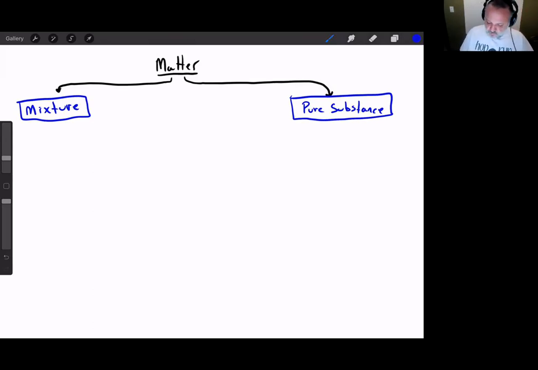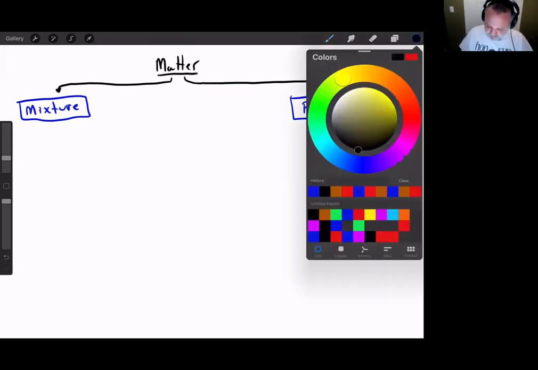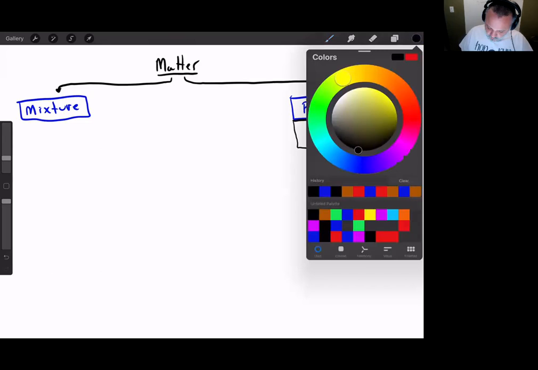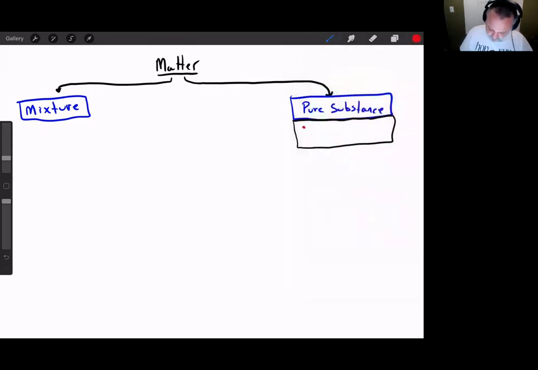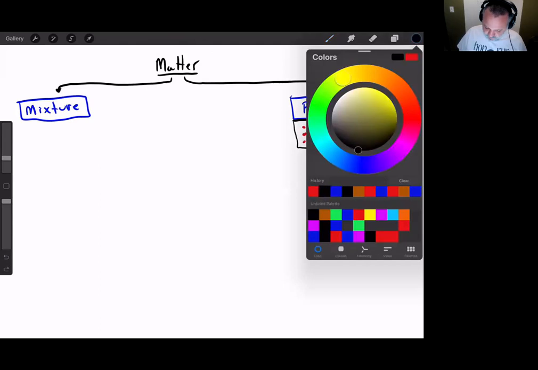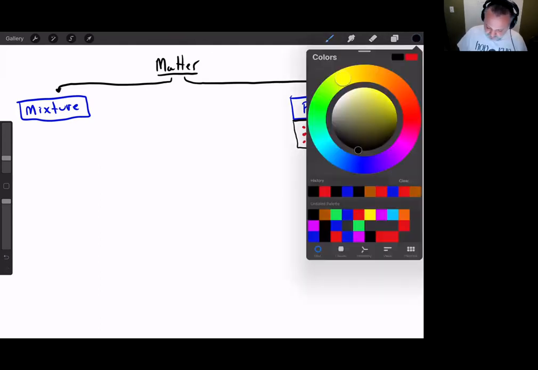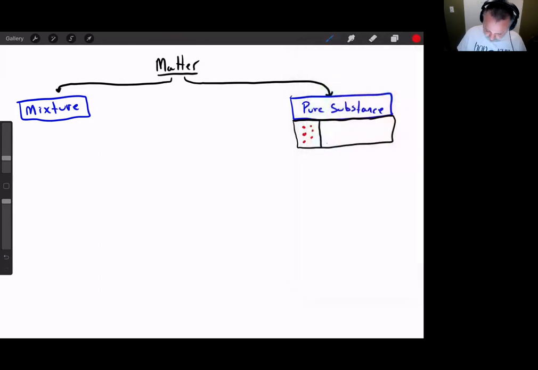And so I want to give you an example. I want to draw a picture of what I mean by a pure substance. Here's a picture of a pure substance. One version might be this. So I'm going to draw some walls just so I can separate it. Another version might be this.